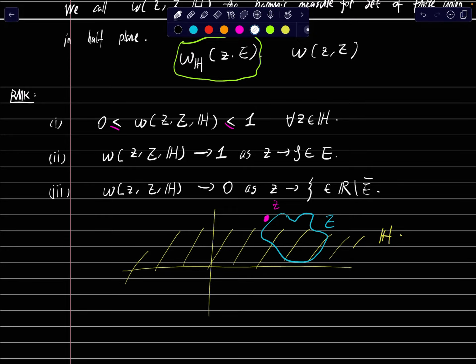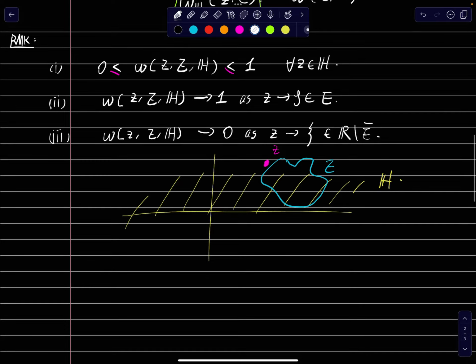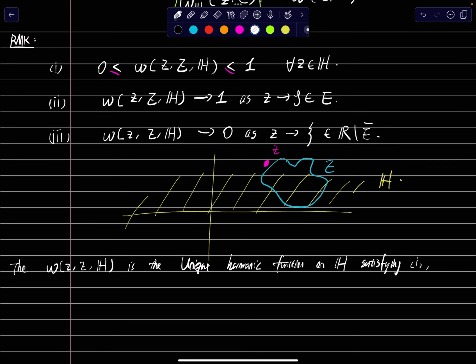Okay, so now we know that the harmonic measure omega(z, E, H) is the unique harmonic function on the upper half plane satisfying 1, 2, and 3.